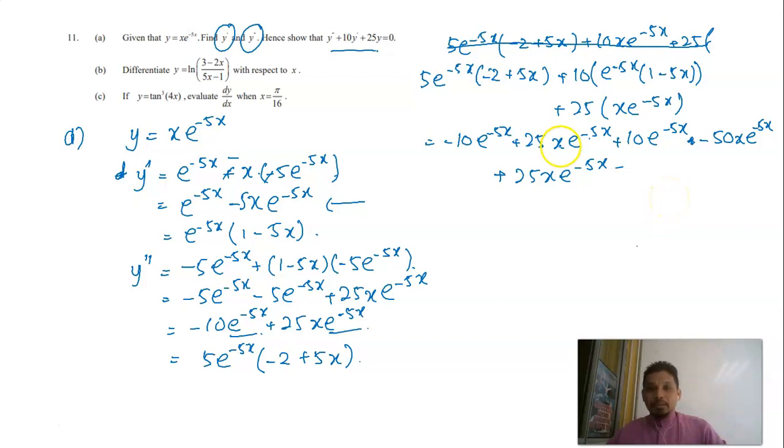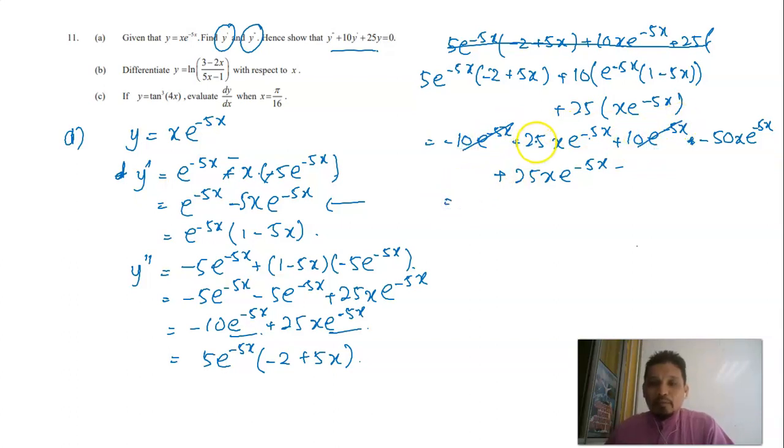Okay, so 25x e to the power of negative 5x plus 25x e to the power of negative 5x. Before that, negative 10 e to the power of negative 5x plus 10 e to the power of negative 5x cancel, clear.